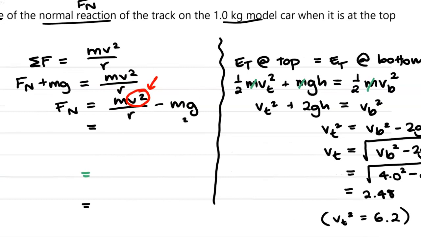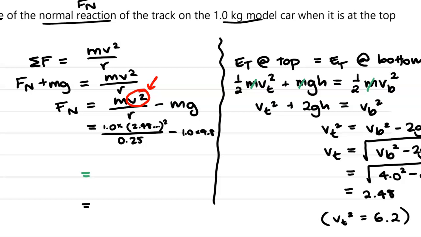So over on the side here, when we substitute back in, we would have that mass, 1.0, times that 2.48 squared. Now we've got that radius, which is 0.25. And then we would subtract the mass, 1.0 times 9.8. That's one way to do it, and that works perfectly fine.